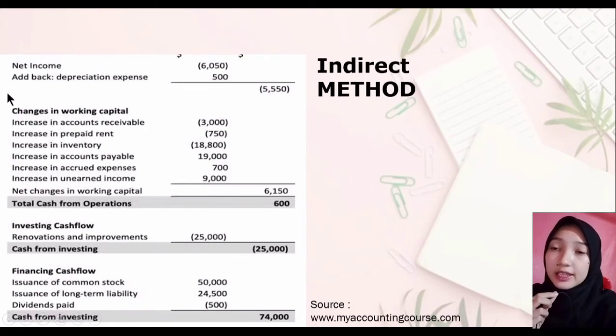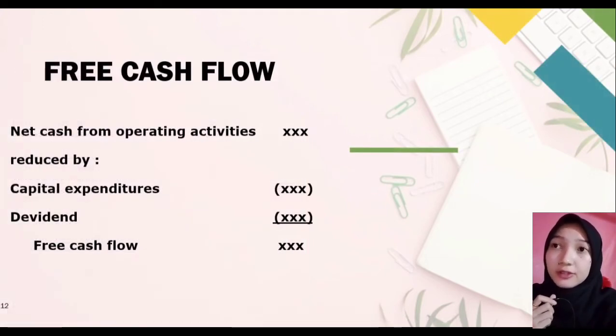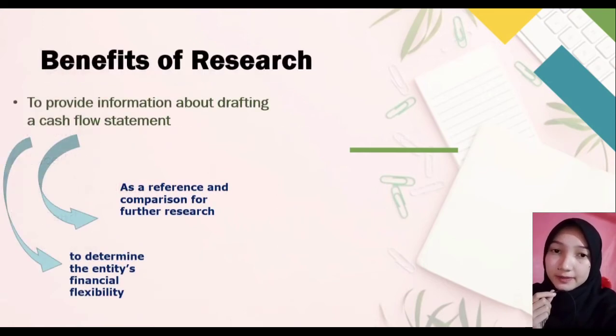Whereas under the indirect method, net income is adjusted by correcting the effect of non-cash transactions. The most effective way to find out financial flexibility is by calculating free cash flow. Free cash flow can be calculated by the formula net cash from operating activities reduced by capital expenditure and dividend.